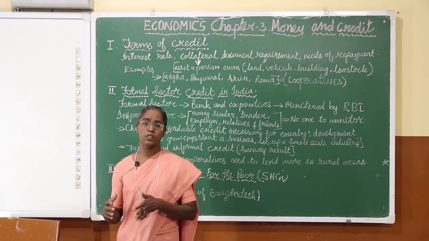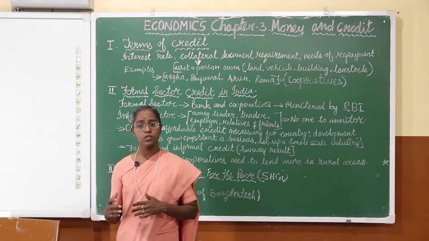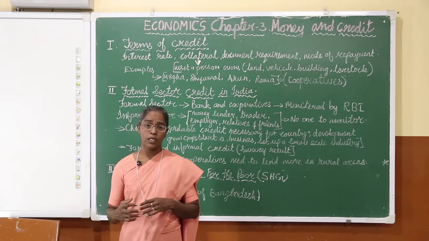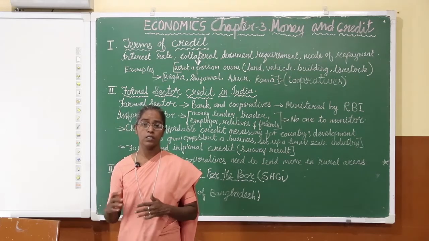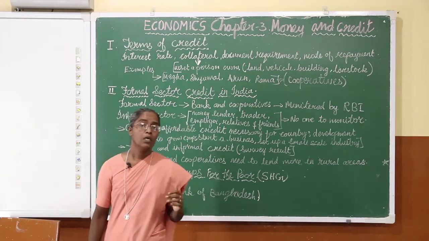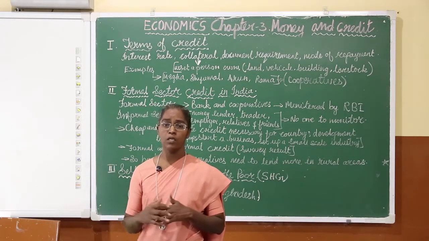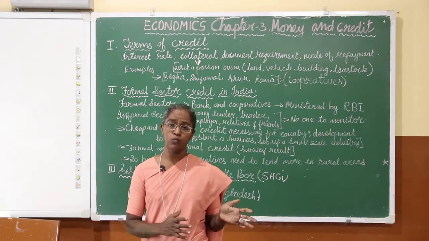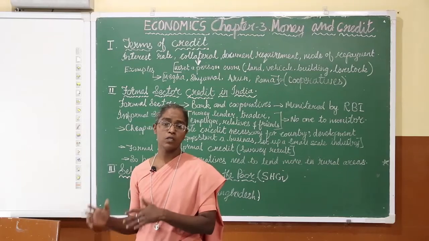Now after some years he got another opportunity to take credit from a trader. The trader agreed to charge Shyamal 3% interest. So he agrees and he takes it. Now what happened in his case? At the end of the harvest time, there is an agreement between the trader and Shyamal that all the crops which he produces from his land, he has to sell to the trader.